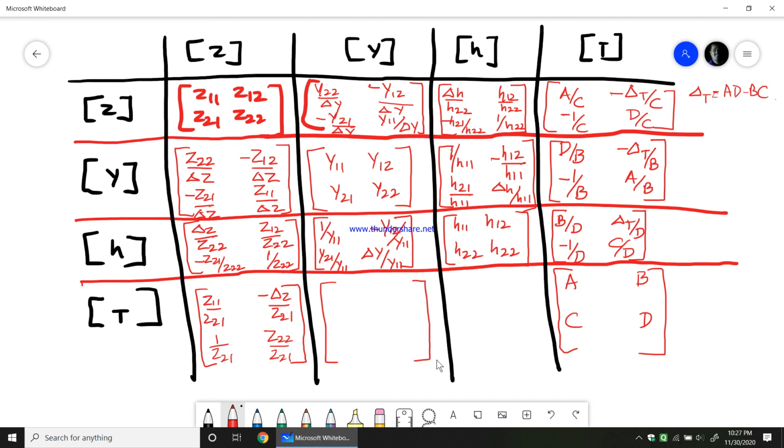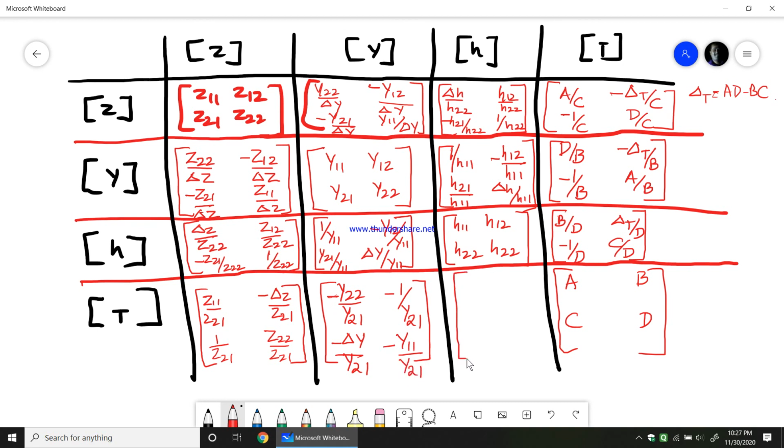Similarly, T in terms of Y, A is minus Y22 by Y21, B is minus 1 by Y21, C is minus delta Y by Y21, and D is minus Y11 by Y21.